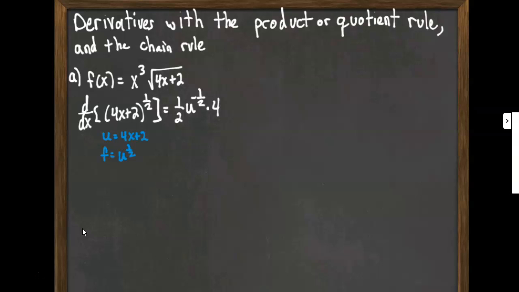You might notice I'm writing a little bit less detail out than usual than I've done in some of the previous problems with the chain rule. If you need to write some more detail out, please still go ahead and do so. Here we can simplify. 4 times 1/2 is 2. And instead of u there, I want what u is, which is 4x plus 2.